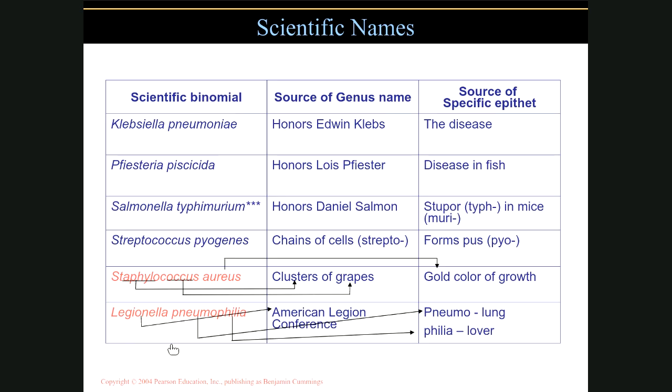New because they'd never known about it before, although obviously people had been infected with this organism before, but it was just bacterial pneumonia. They treated it with an antibiotic and never thought twice about it. But when all these people got sick at the same time in the same place, they took a look to find out what it was. And so there's this organism, Legionella pneumophila, which infects the lungs, and it lives in water.